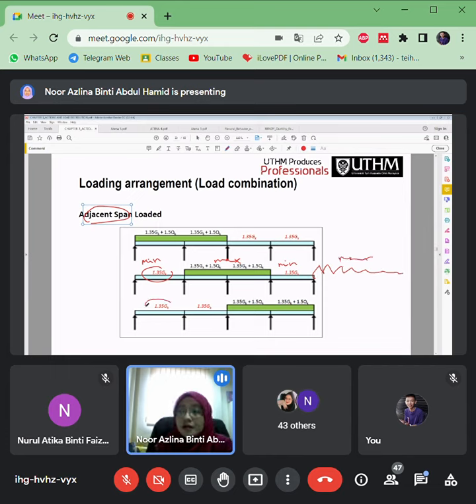Or start with two spans minimum, then maximum. As long as there is adjacency between two spans maximum, two spans minimum or one span minimum. So these are three patterns in load set 1 in terms of adjacent spans.